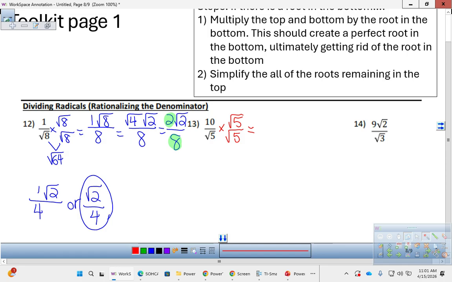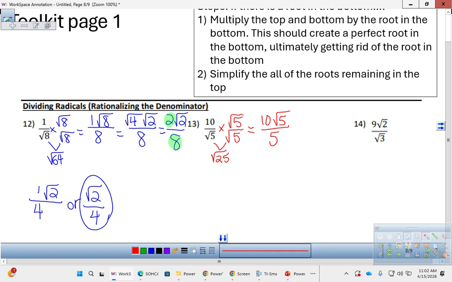They're not like terms, so I'm just going to write this as 10 square root of 5. And anytime you multiply a root by itself, it creates this perfect square. The square root of 5 times the square root of 5 is the square root of 25, which is just a regular 5.